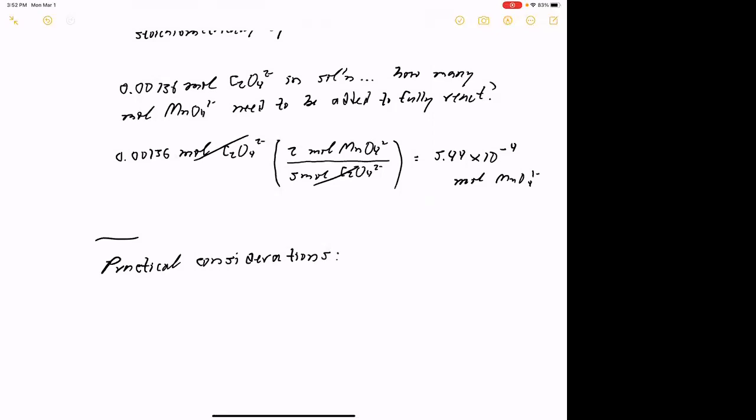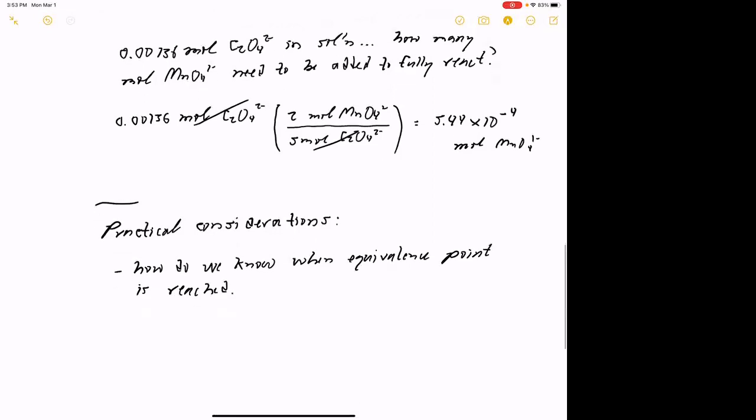So the first one we've kind of talked a little bit about, and let's just recap it here. How do we know when the equivalence point has been reached? And we've already answered that question.